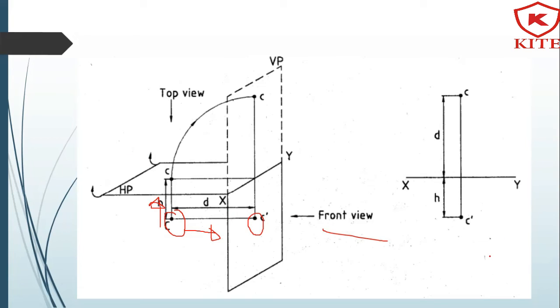In the third-angle projection system, between the object and the observer there will be the plane: observer, object, plane.